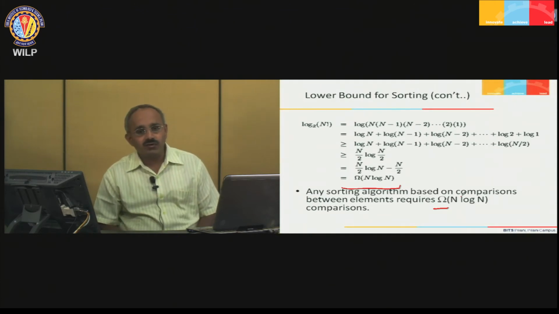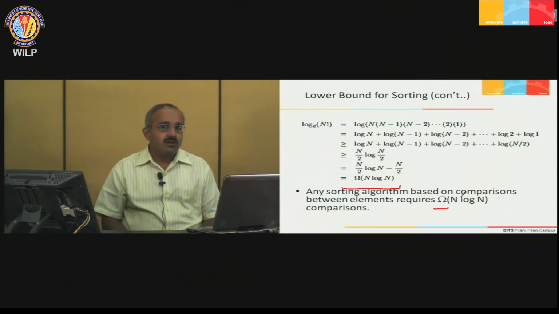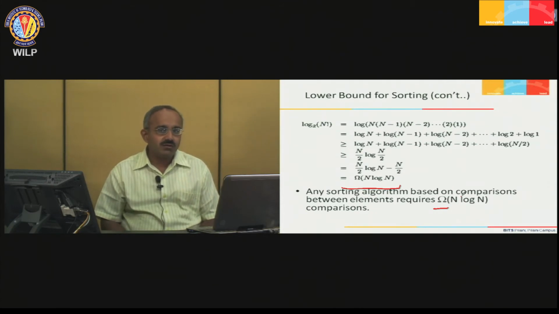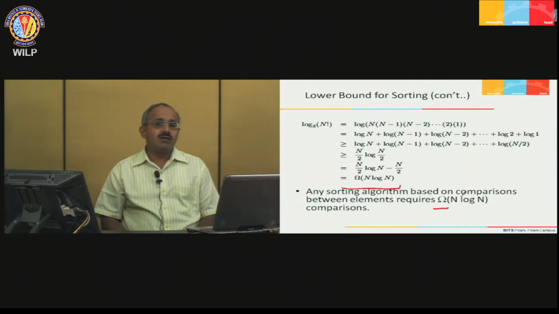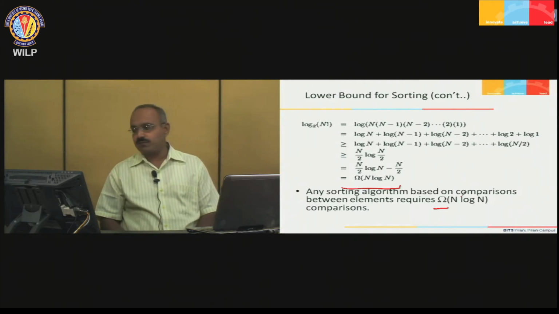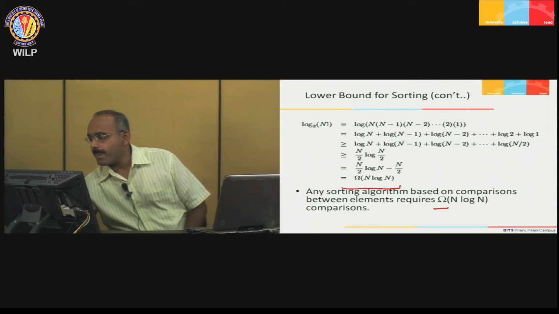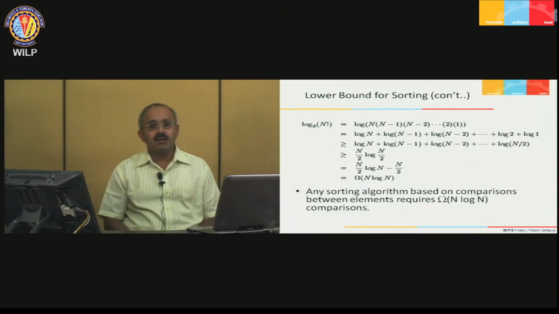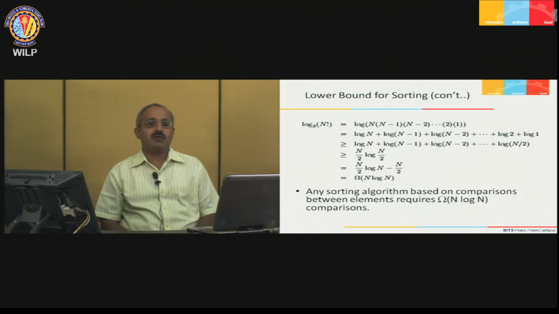That proves that you cannot have algorithms based on comparison which can sort in fewer than n log n steps. So, any comparison based algorithm will require at least n log n steps to sort. That proves that you cannot have algorithms better than merge sort and, say, heap sort.